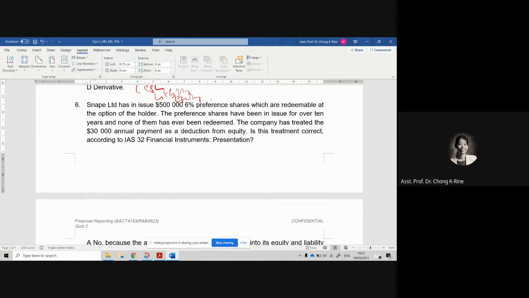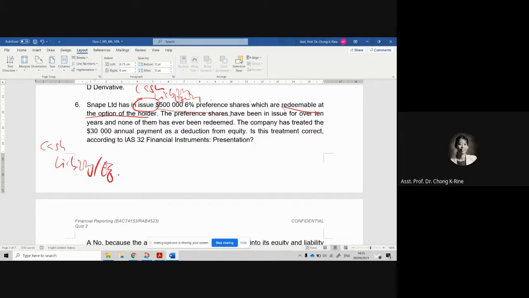You see this one is preference share, but you don't have a fixed term to make a decision, right? Whether it is a liability or an equity? Now you see it is at the discretion of the holder or the issuer, then you will know whether this is an equity or liability. Because you issue the note, you are the issuer. So first of all, you will debit cash and then you will credit either a liability or equity, correct?